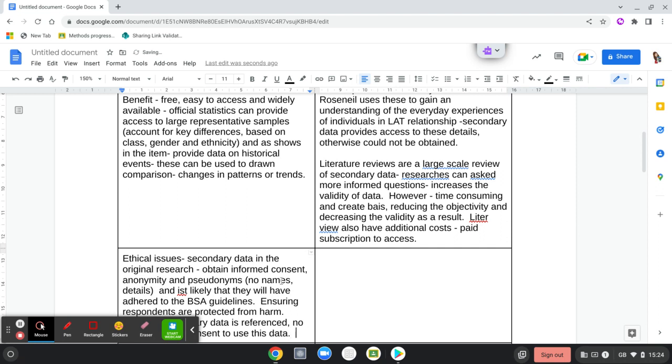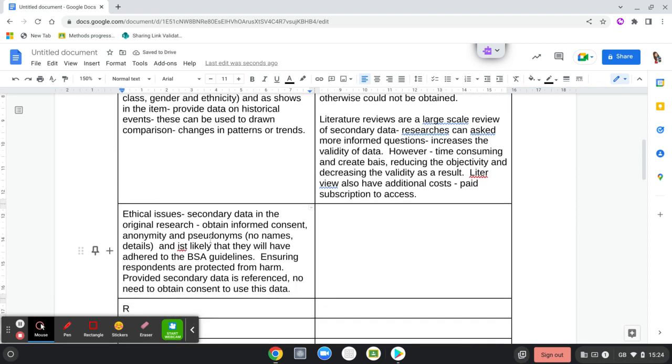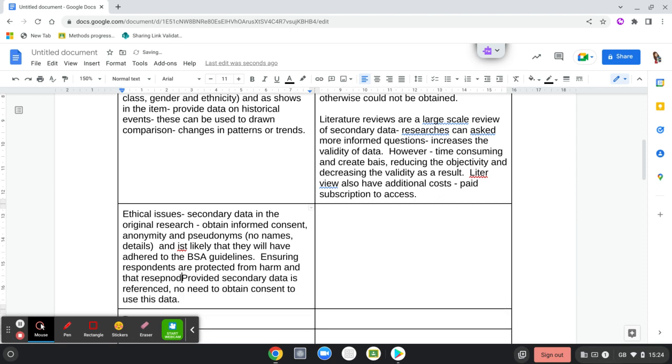So basically what I'm saying is the original data probably adhered to those ethical issues, so I can explore those. Or ensuring that respondents are protected from harm, and that responses are valid, knowing they're protected.